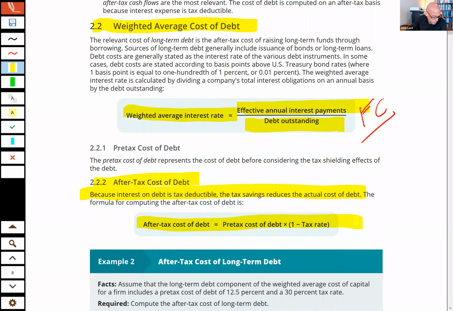In that little example, it was 6%. And then we multiplied that by 1 minus the tax rate. Tax rate was 30%. We multiplied it, therefore, by 70%, and that's how we came up with that 4.2. So we've already seen how to do that. The only difference here is we now have to learn how to calculate that weighted average cost of debt.